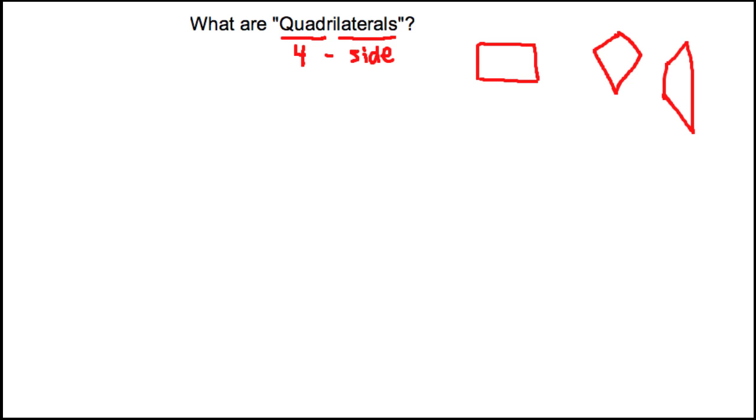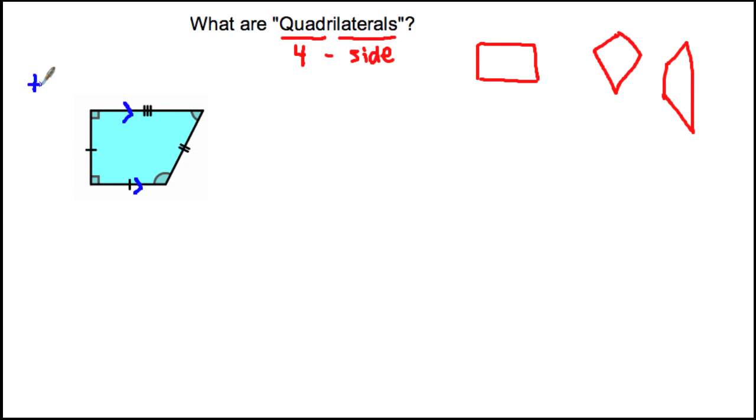And all of these exist because of certain differences between them. So the first quadrilateral that we're going to look at is a trapezoid. A trapezoid is basically a quadrilateral that has one pair of parallel sides. So if you look here, this top line and this bottom line are parallel, meaning that they will never ever meet.